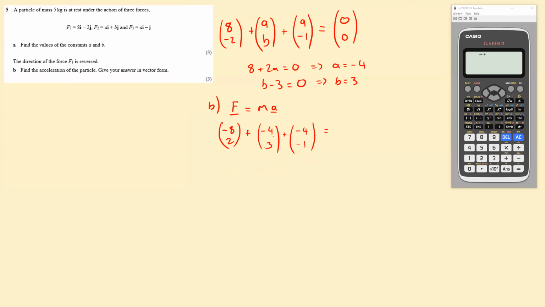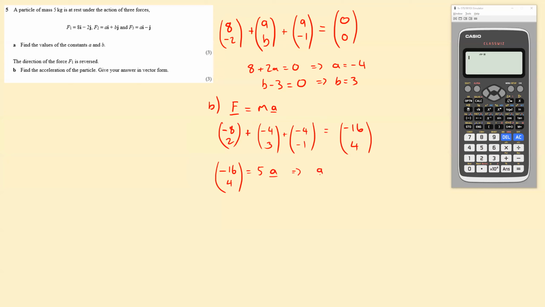Working that out, I've got minus 8 minus 4 minus 4 is minus 16, and then 2 plus 3 minus 1 is 4. So minus 16, 4. Yeah, that's right. And then I want to make that equal to mass times acceleration. So minus 16, 4 is equal to 5 times my acceleration vector. So all I'm going to do is divide everything by 5.